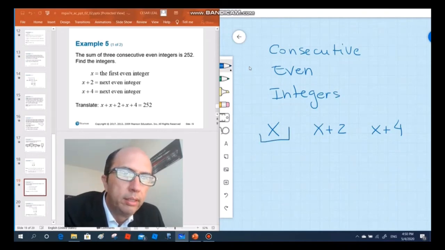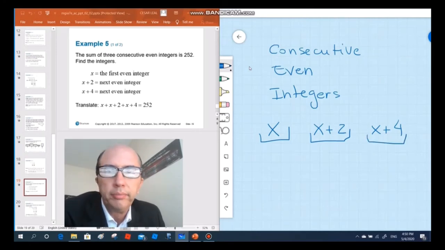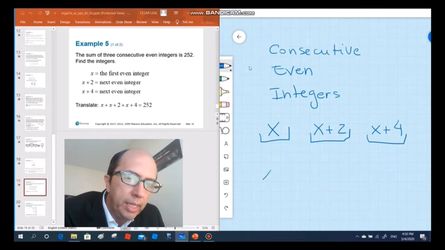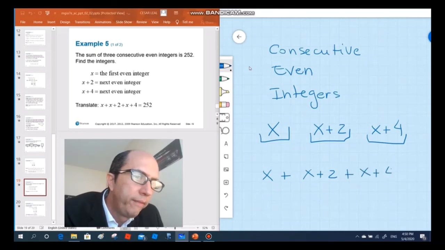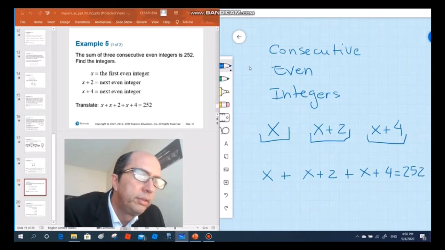So we have here 3, and assuming that x is an integer, 3 consecutive even numbers. The sum of these 3 consecutive even integers is 252. That means x plus x plus 2 plus x plus 4 equals what? 252, right?